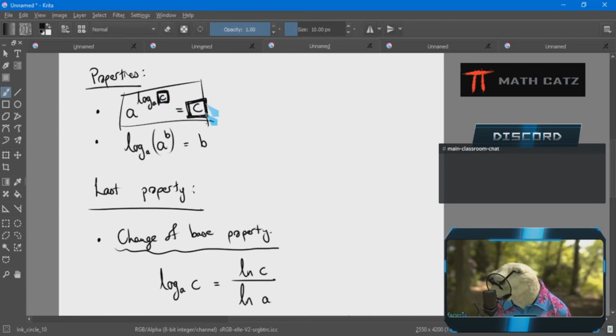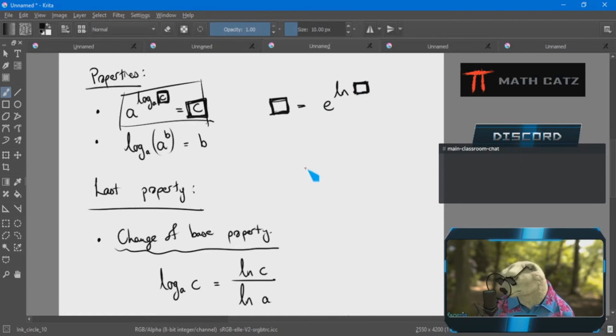And on its own, it's equivalent to some number to the power of log base that same number of that C. So whatever I want, you can call it C, you can call it whatever, is going to be equivalent to any base. I'm going to use e to the power of the log of the same base, and then that same thing that I started with.